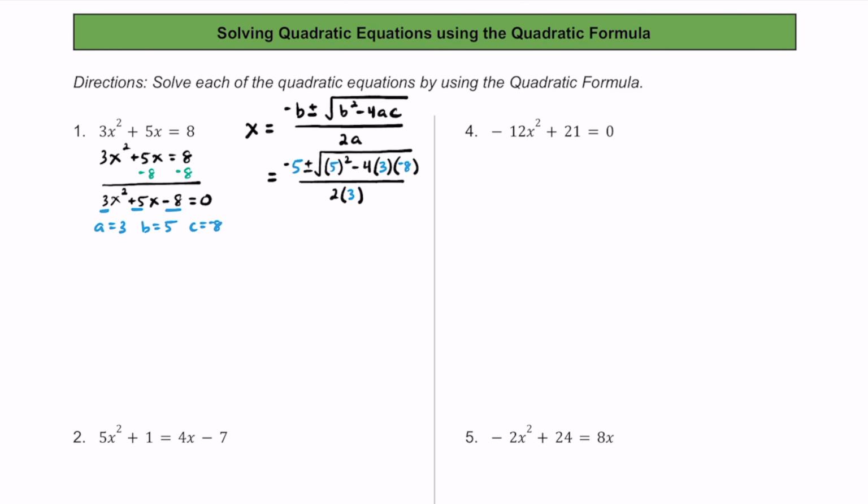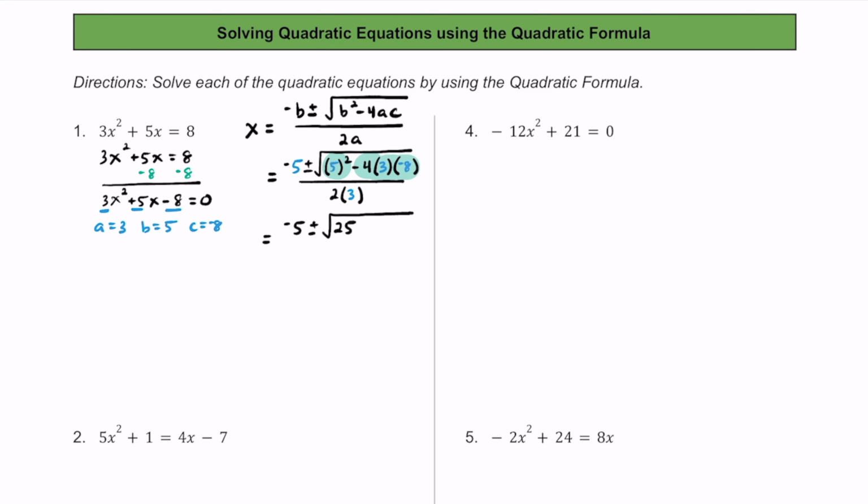Okay, so let's work on the inside of this radical first. So we have this 5 squared. So going forward here, I'm just going to use the same color. So we have negative 5 plus or minus, and then that 5 squared, that's going to equal 25. Okay, and then if we go ahead and say we have this negative 4 multiplied by positive 3, that's going to be negative 12.